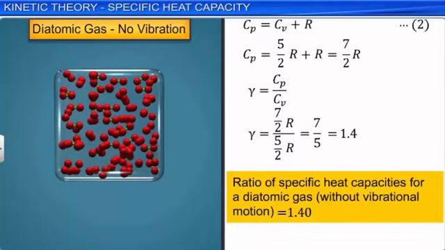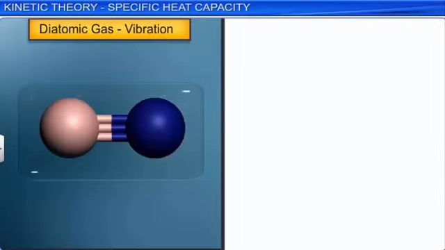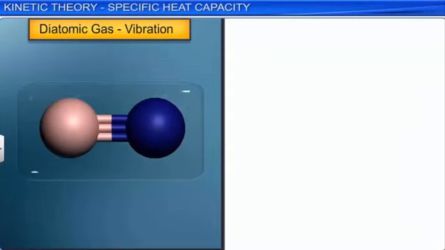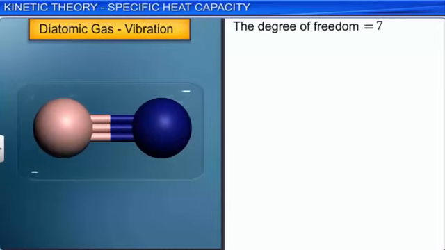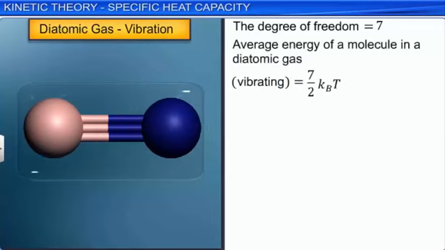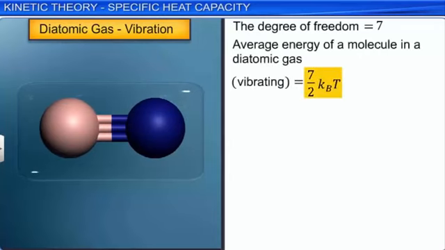Now, in the second case, we will consider a diatomic molecule that has vibrational motion as well. The number of degrees of freedom in such a case is 7. Then, according to the law of equipartition of energy, the average energy of a molecule is 7/2 kBT. 1 mole of gas contains Avogadro's number of molecules.